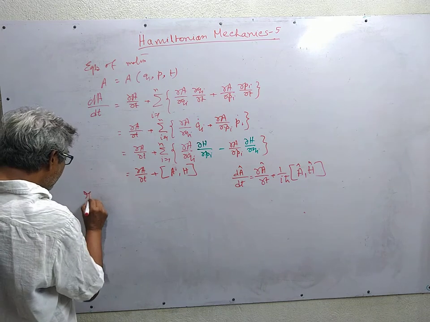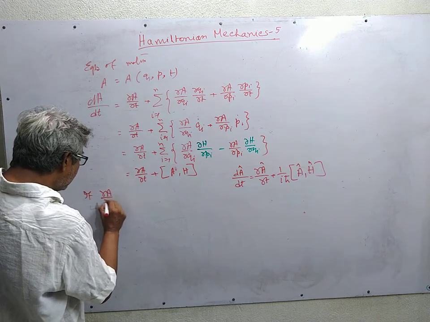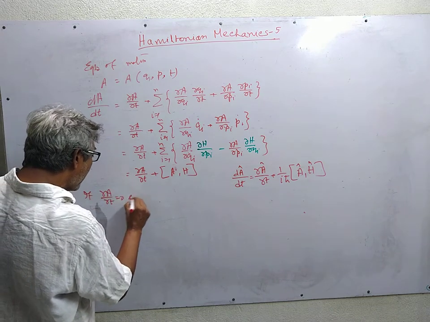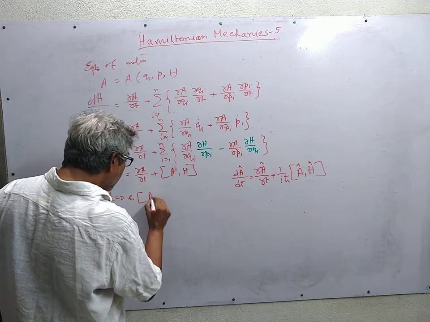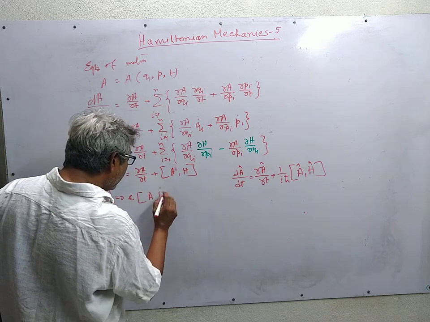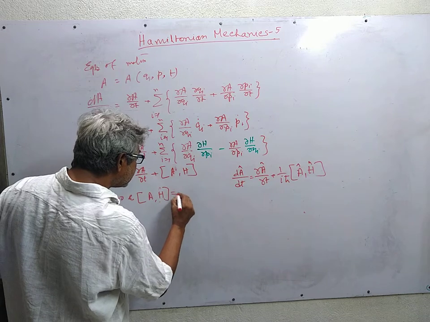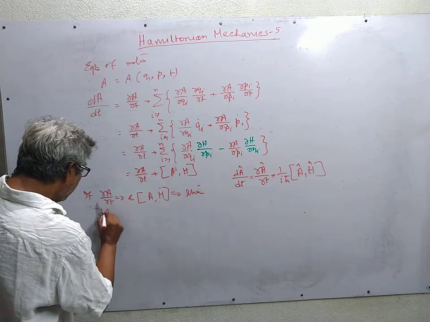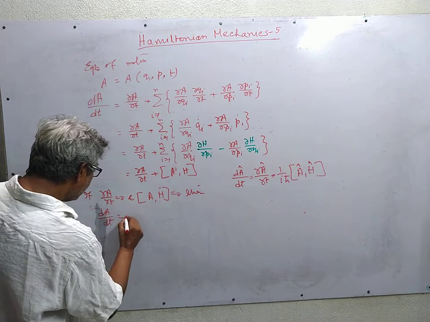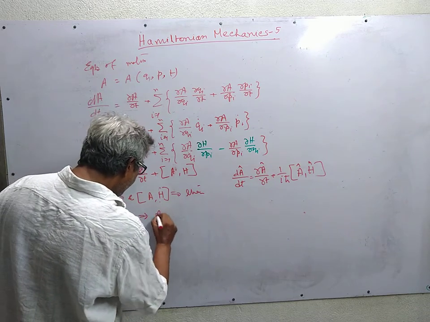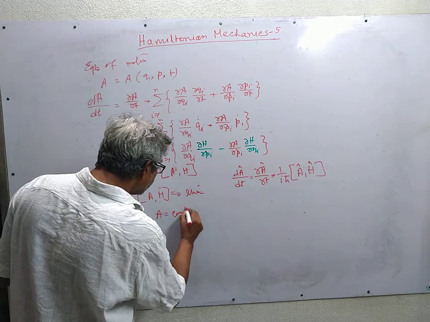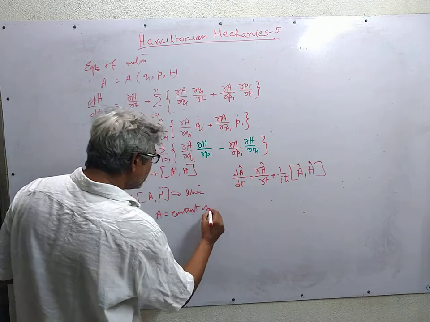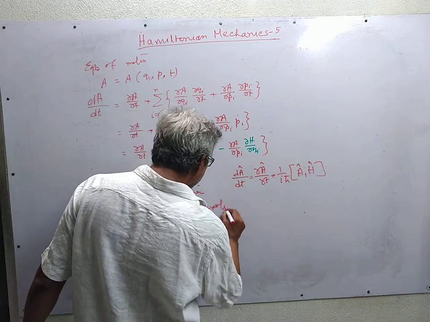If del A del t is equal to 0 and the Poisson bracket of A with the Hamiltonian is 0, then dA/dt is 0, A is a constant of motion or a conserved quantity.